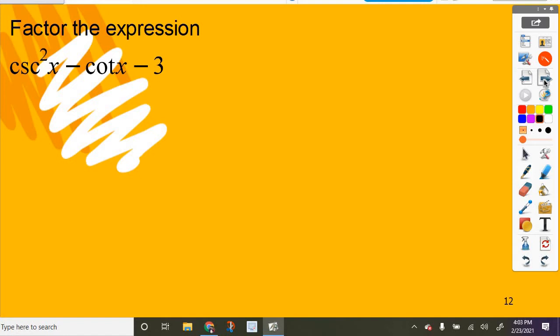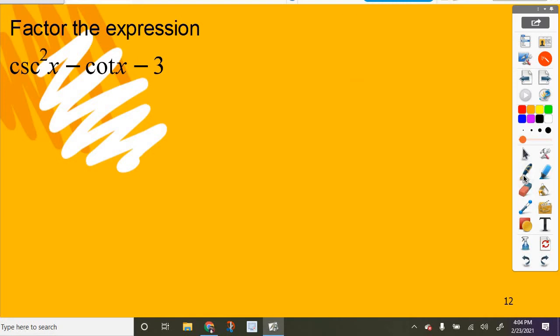And then, if we notice, we also couldn't use our other technique, because this would be similar to if I had something that looked like x squared minus y minus 3. Well, notice that because my variables are different, or in our case, because we have trig functions that are different, I'm not going to be able to factor it as it is.